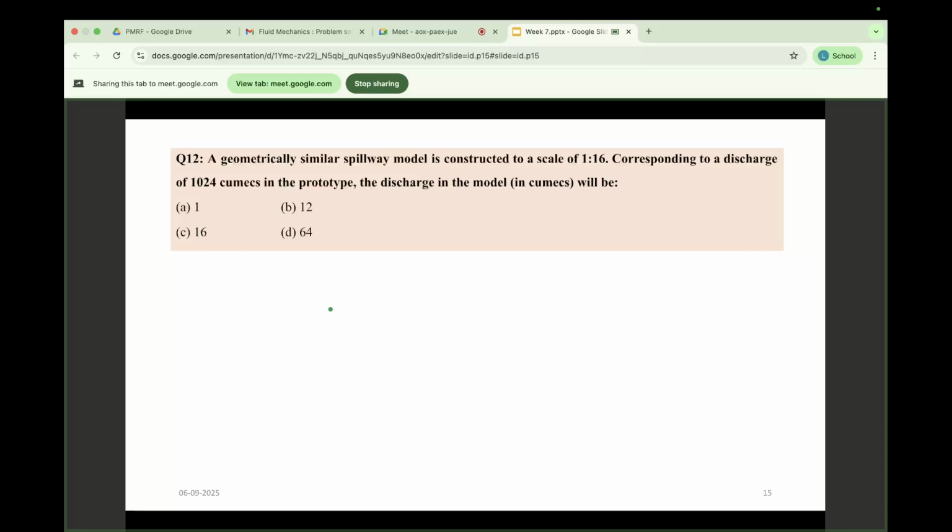So LR is 1 is to 16. That means LM by LP is 1 by 16. Also in the prototype the discharge is given. So as this prototype discharge is given, what is the formula we know? In the last slide, what have we got?